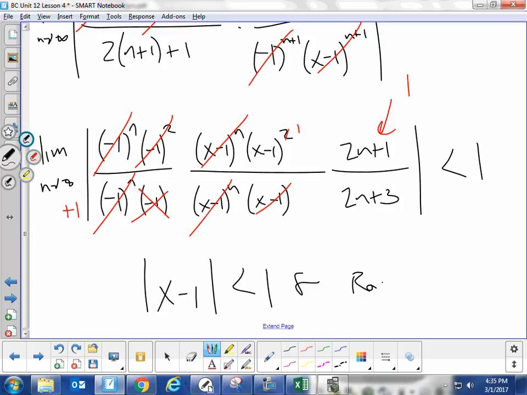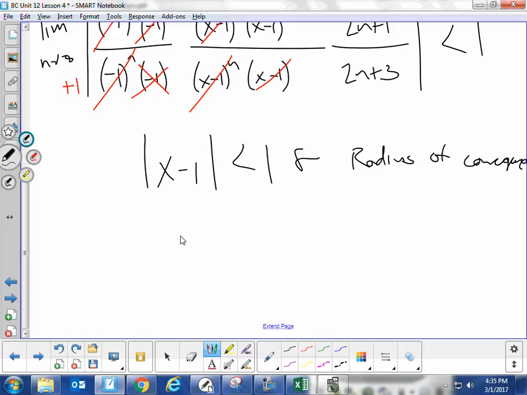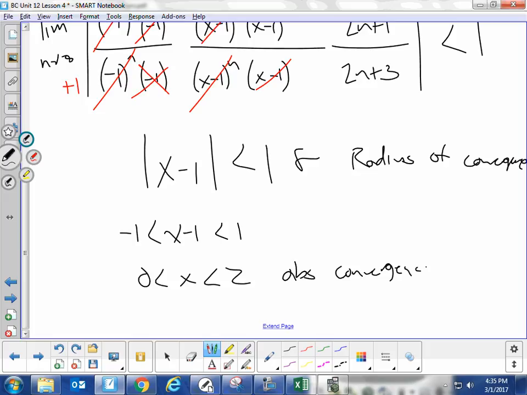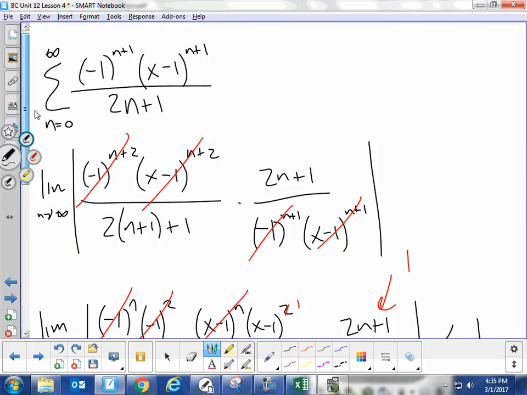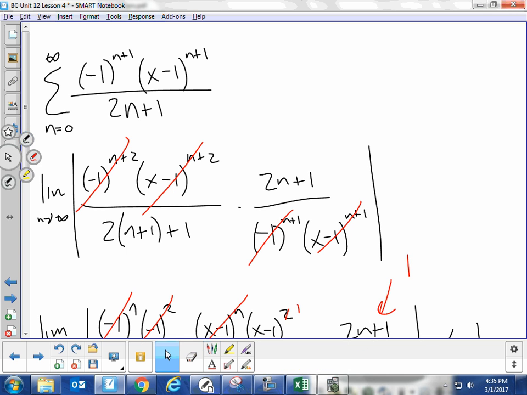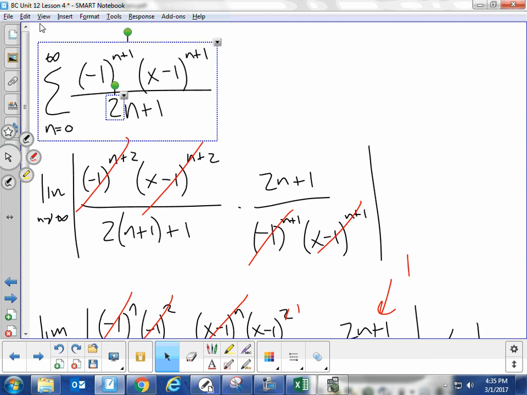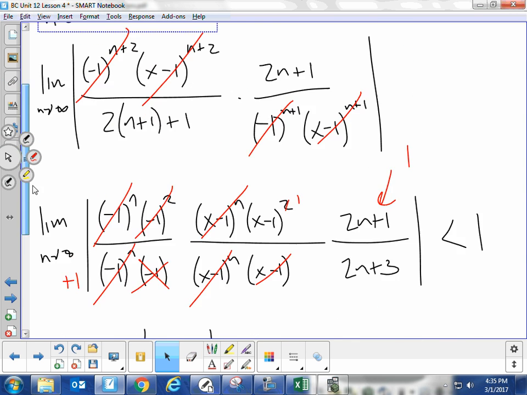Here's my radius of convergence. And my interval of absolute convergence would be between 0 and 2. Now for my interval of convergence, we would have to check 0 and 2 in my original series.